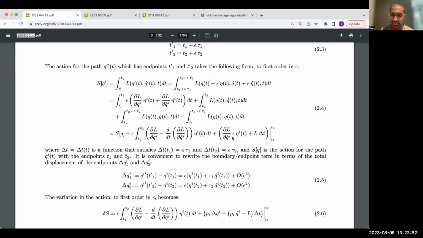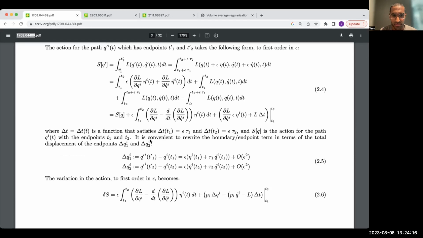But in addition to this term, we're also going to extract delta q1 and delta q2. So what are those? So delta q1 is basically q prime at t prime 1 minus q at t1, right? So this is all happening at the initial time, and then delta q2 is happening at the final time. And when we do that, what do we get?